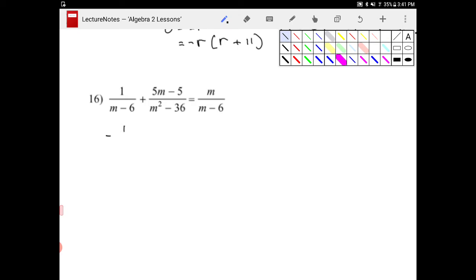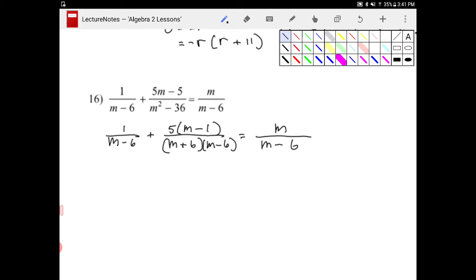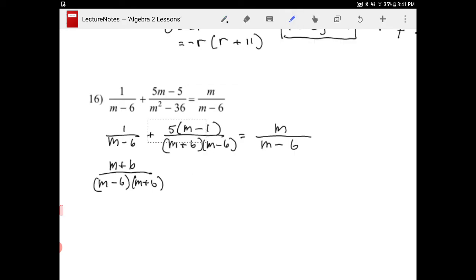So here I have 1 over m minus 6, plus 5 times m minus 1 over m plus 6, m minus 6, equal to m over m minus 6. Create common denominators again. So I'm missing an m plus 6 in the first fraction. In the second fraction, I'm not missing anything, so it's the same thing.